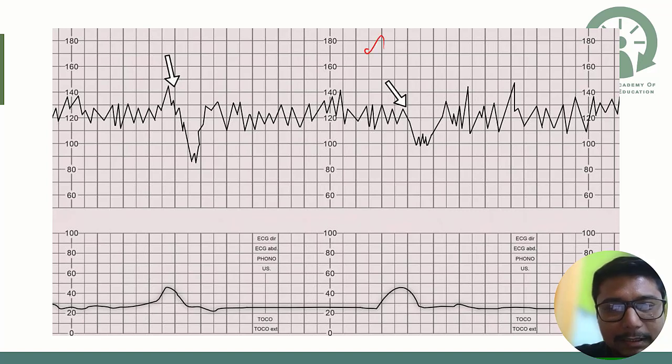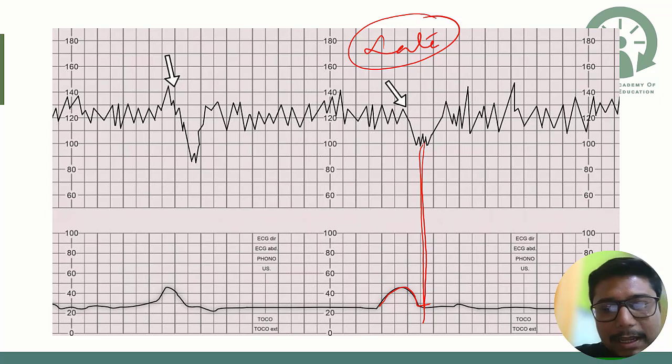So here is the worst form of deceleration among the commonly encountered ones. You can see it's not like variable deceleration. See, this contraction has passed off, and there is a deceleration. Here also the same thing, contraction, just after that there is a deceleration. So this is late deceleration, and this is seen in uteroplacental insufficiency.